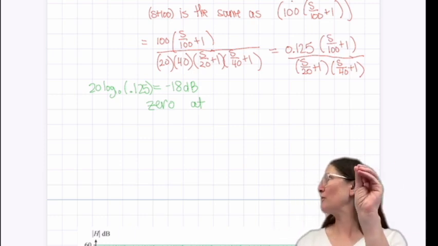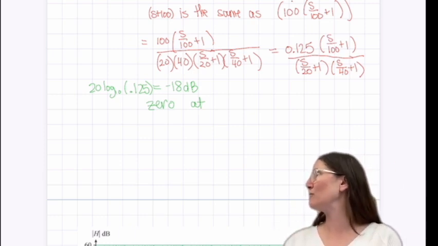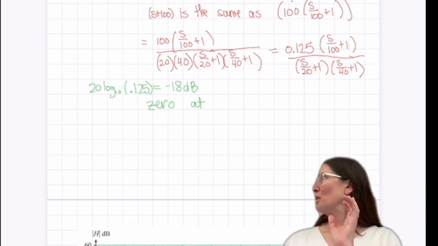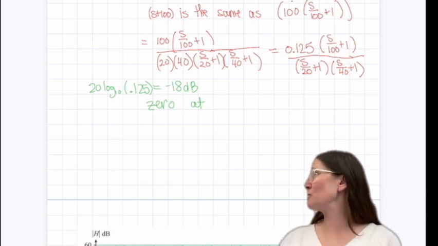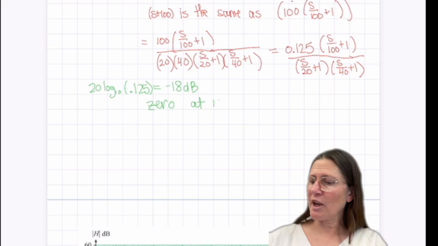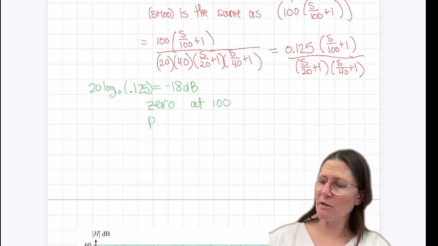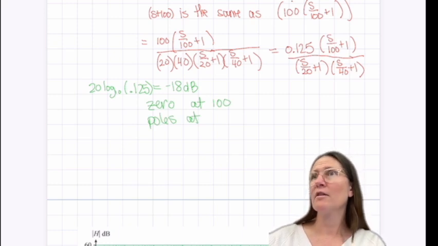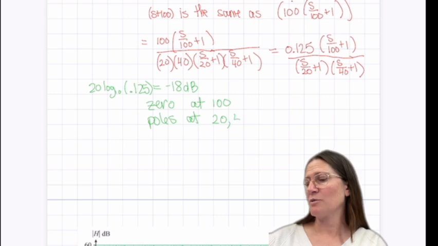The negative only affects phase. So the root is at negative 100, but we're just looking for the root value itself. So 100. So we say we have a zero at 100. And where do we have our poles? Correct, 20 and 40.